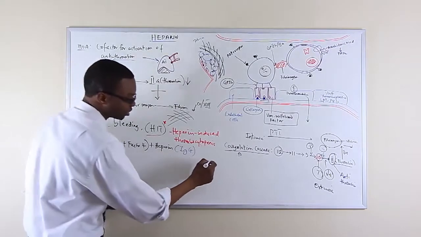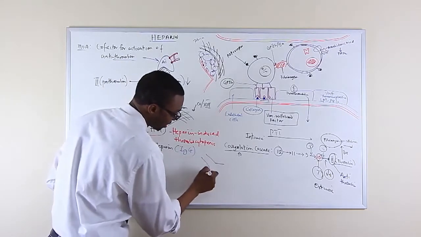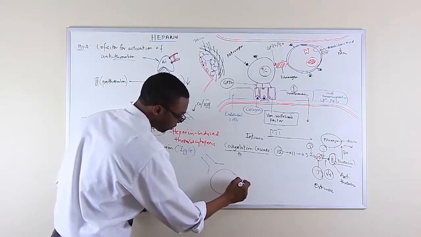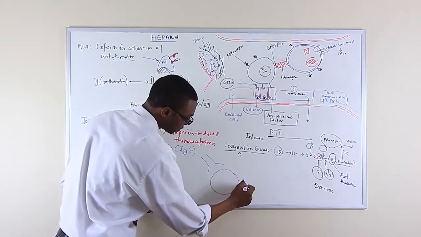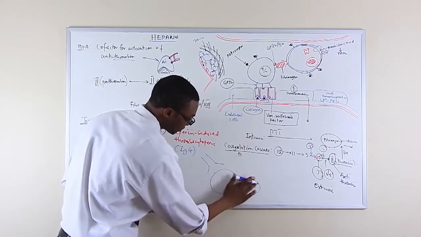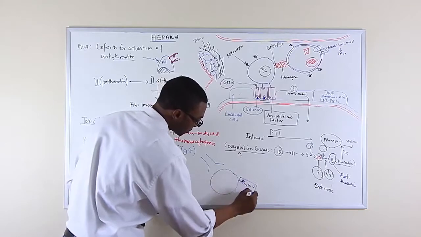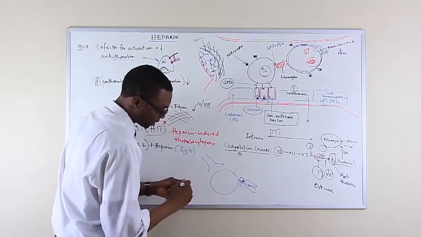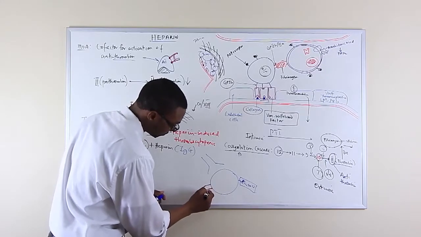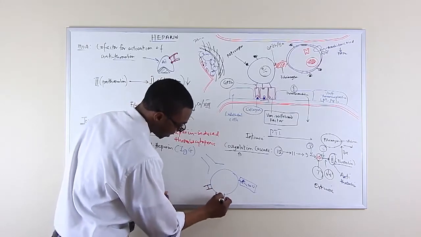So let's try to draw that on the board. So here's an antibody. This is a platelet with factor 4. And this is heparin. That's heparin, all right?